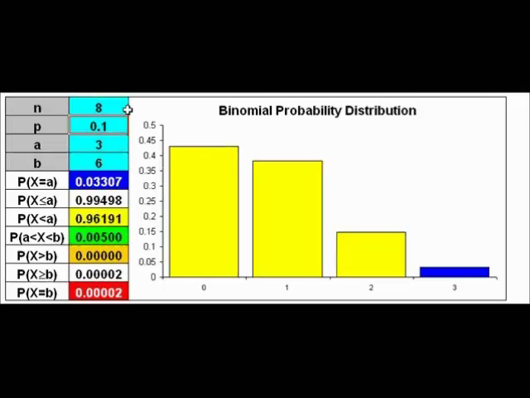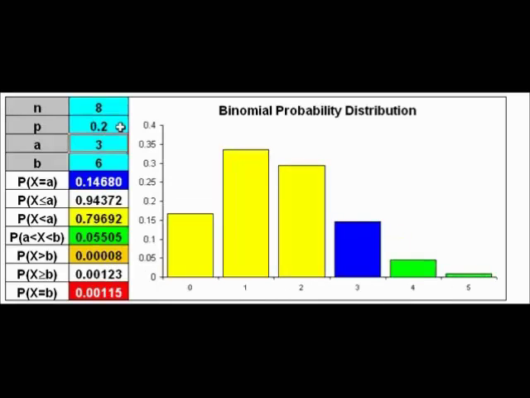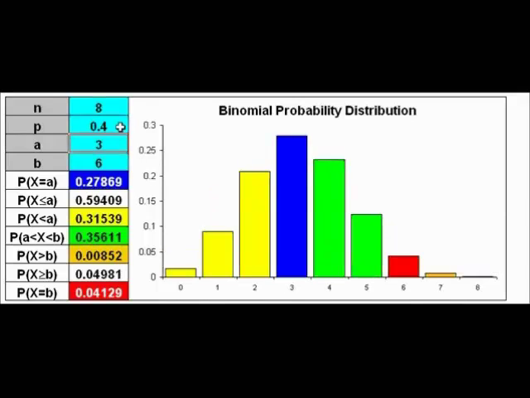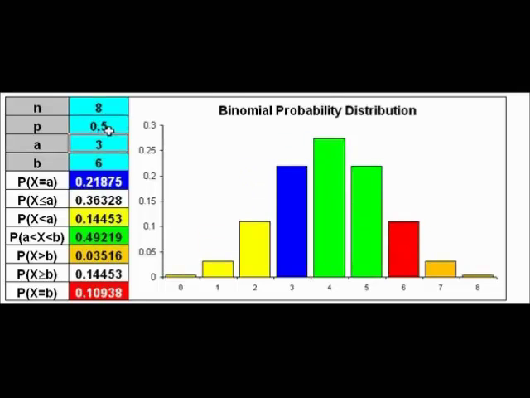As we raise that probability, we start to look more and more like a normal distribution, at least until we get to a probability of 0.5. Once we get beyond 0.5, I'm going to go to 0.6, you can see it starts now to skew again, but in the opposite direction as we had in small sample sizes. Well, anyway, I go back to 0.5 here.